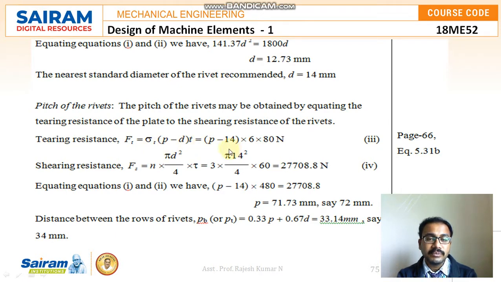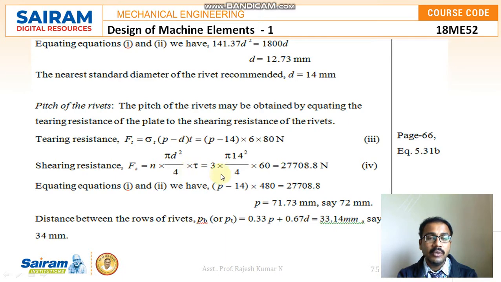Except p, the remaining values are known, so I get p minus 14 into 6 into 80, which is 480, so I write p minus 14 into 480. Similarly, the shearing resistance formula is Fs equal to n into pi d square by 4 into tau. Here I will substitute all the values since they are known.